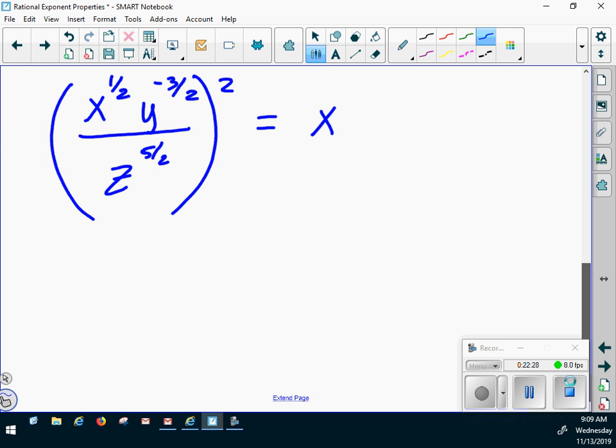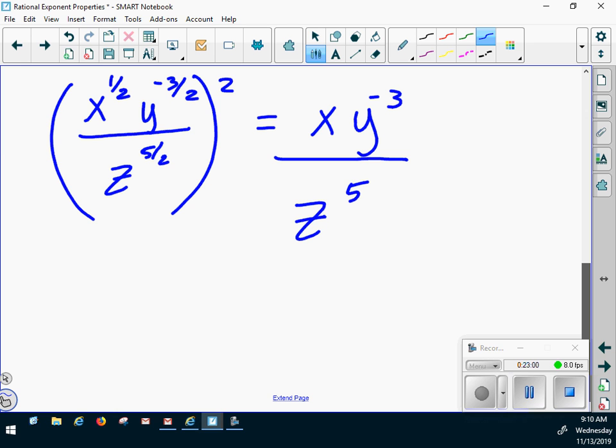Multiply. So 1/2 times 2 is 1. So x to the 1st, which is just x. Y. What's -3/2 times 2? -6 over 2, which is -3. Over z to the 5th.